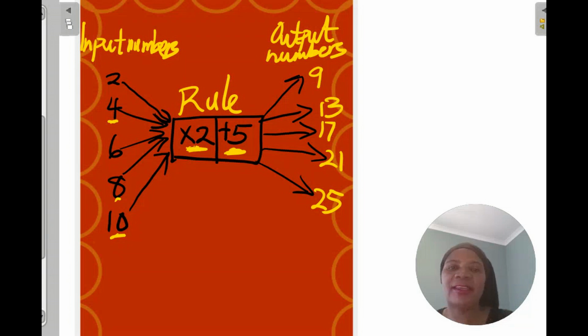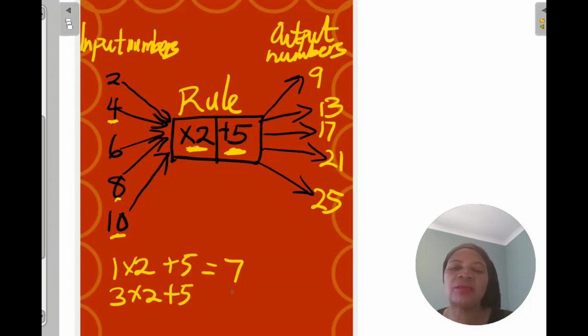What about if we were using 1? We will have 1 multiplied by 2, 1 times 2 plus 5, which is equal to 7. And then we add 3. 3 multiplied by 2 plus 5. 3 times 2, that's 6, plus 5, that's 11.